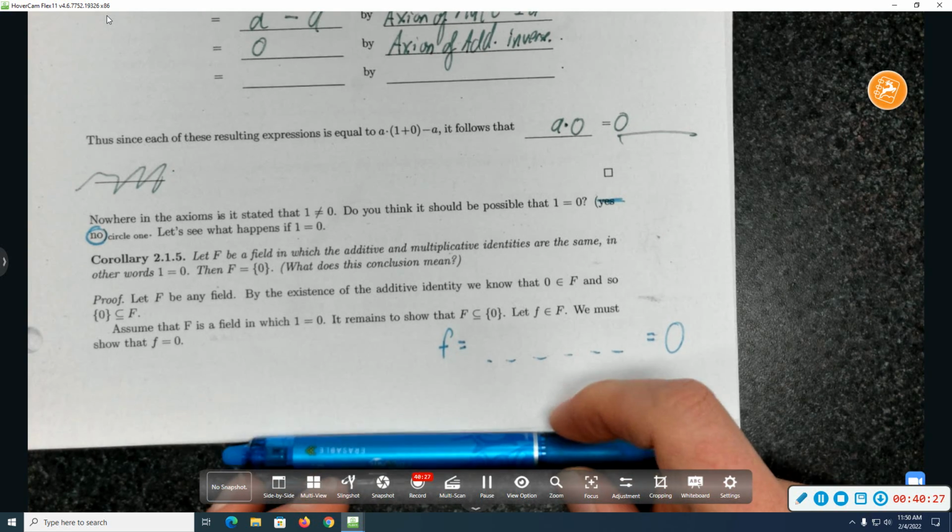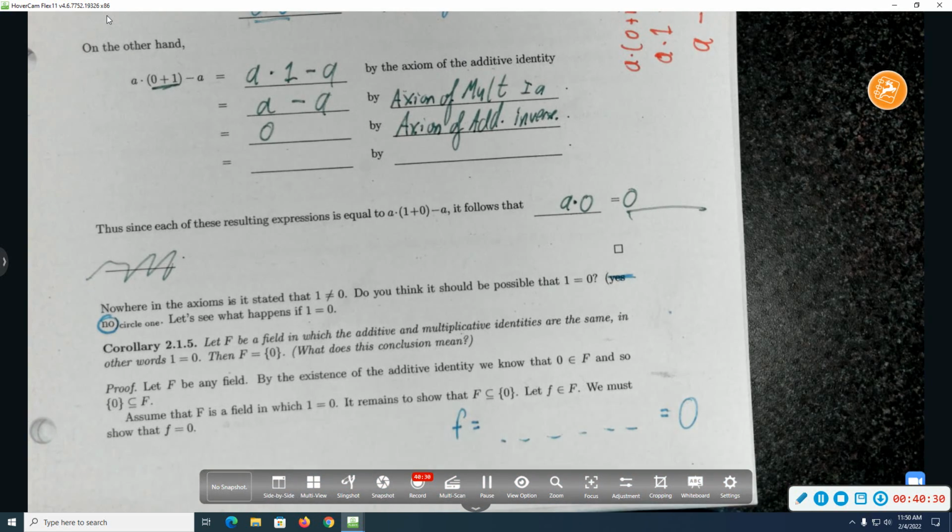If you have any field element, what's that field element times 1 equal to? The field element. But 1 is equal to 0. So f is the same as f times 1, which is the same as f times 0. But what is f times 0 equal to? 0. So what is f equal to? 0. So every element of the field is 0. That is the proof.